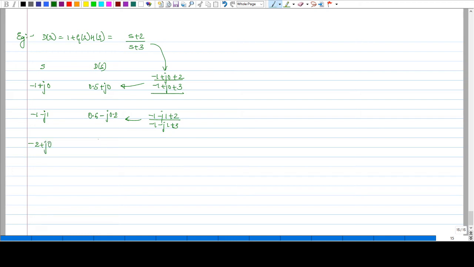When I substitute in D of S, I'll get 0 plus J0. If I take minus 2 minus J2 and substitute in D of S, I'll get 0.8 minus 0.4 J.